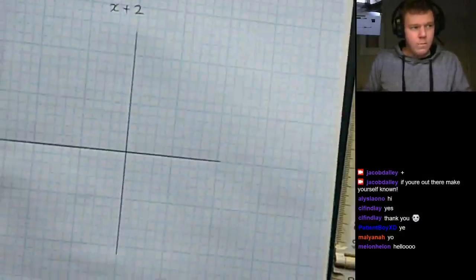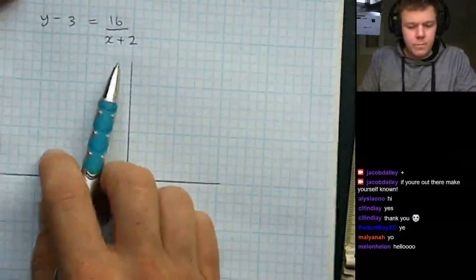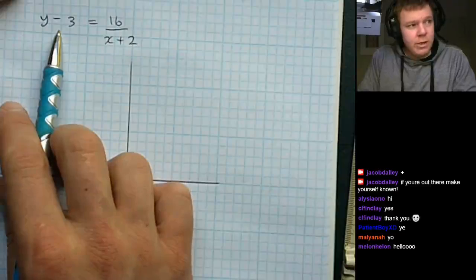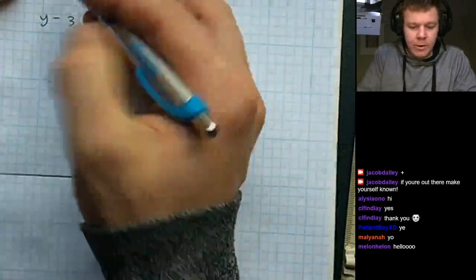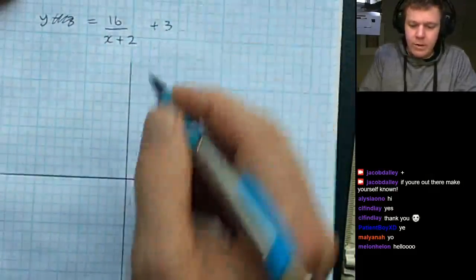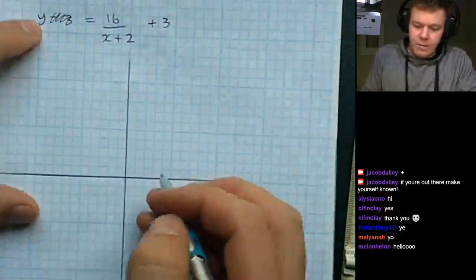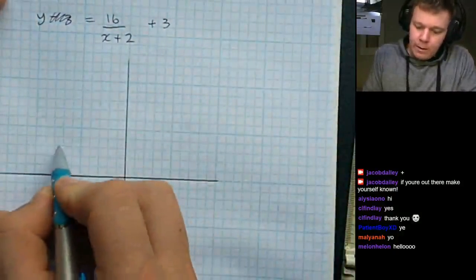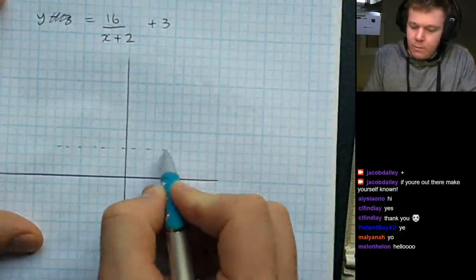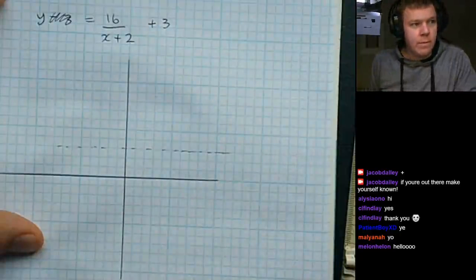Generally you're not going to be given the minus 3 on this side. It will actually be a plus 3 on this side, but you've got to know that that's going to bump up our y asymptote that way.